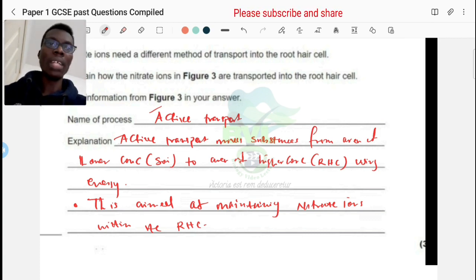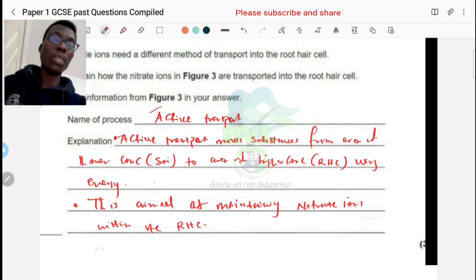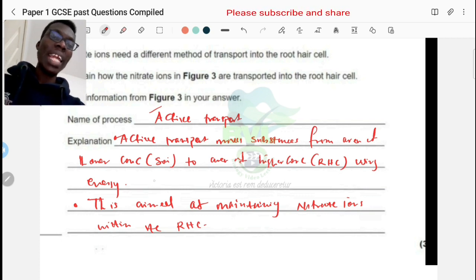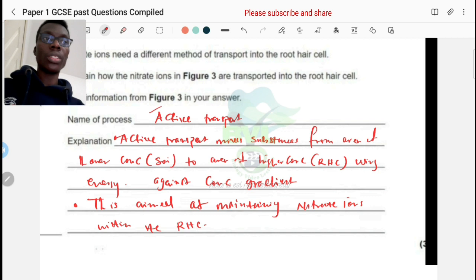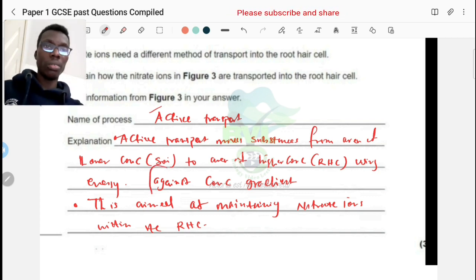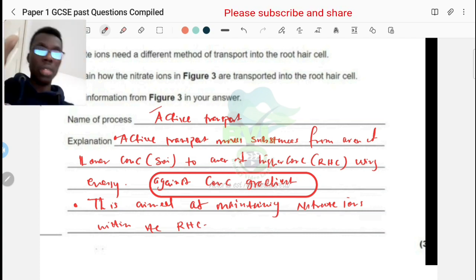So remember that instead of saying active transport moves substances from an area of low concentration to high concentration, you can still say active transport moves substances against the concentration gradient using energy. Do you get what I'm saying? It's a shorter way of saying it, another way of stating that whole thing.